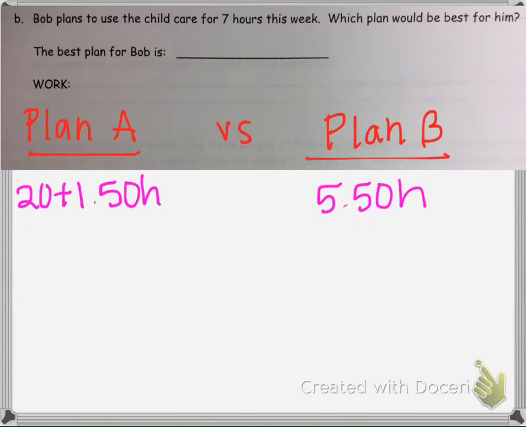Okay, so Part B says Bob plans to use the child care for 7 hours this week. Which plan is best for him if he only wants to use it for 7 hours this week? So they tell us he wants to use it for 7 hours. So we now know that H is 7. So we're going to go ahead and take out the H and plug in 7 hours.